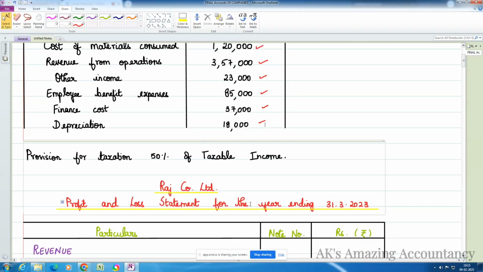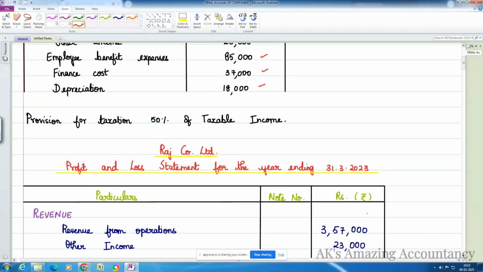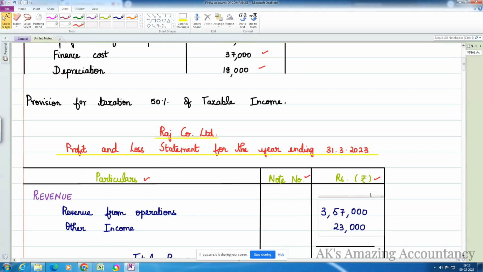You'll give the heading as the company's name, which in this problem is Raj Company Limited, and the heading profit and loss statement for the year ending 31/3/2023. Usually, this statement will have 3 columns: one main column for particulars, one column for note number, and one column for amount, usually represented in rupees. So let us proceed with the items relating to revenue.